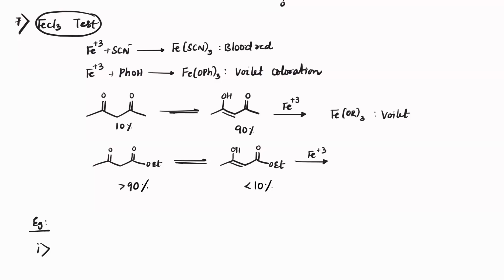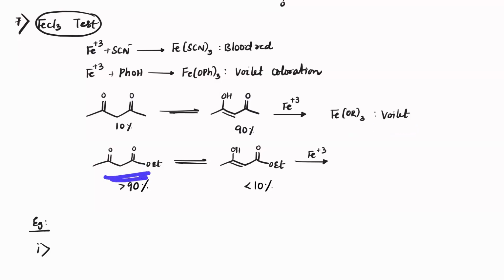Correct. So now, usually, even if you have like 10% of enol, you will see the product responding towards the color. That is, if you have beta diketones or beta dialdehydes, a large quantity will be present in enol form. Enol form will form complexes with iron, giving different colors.